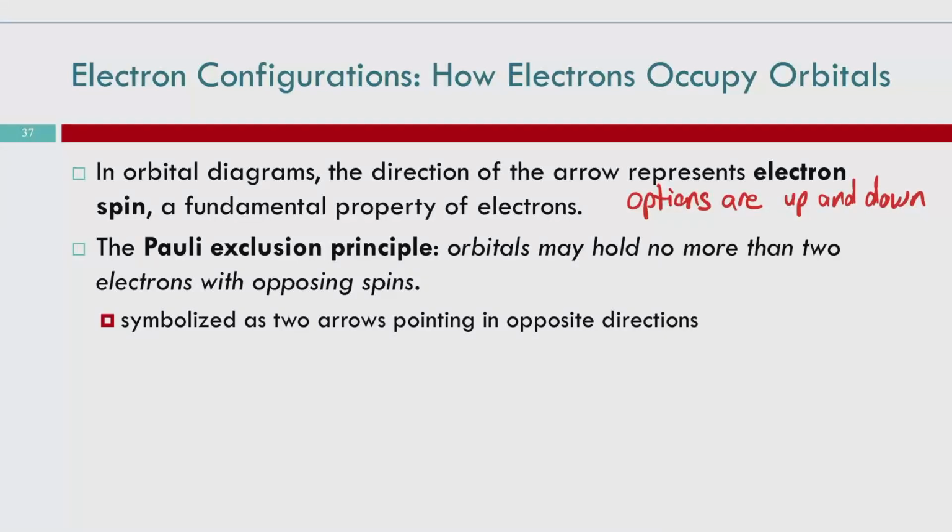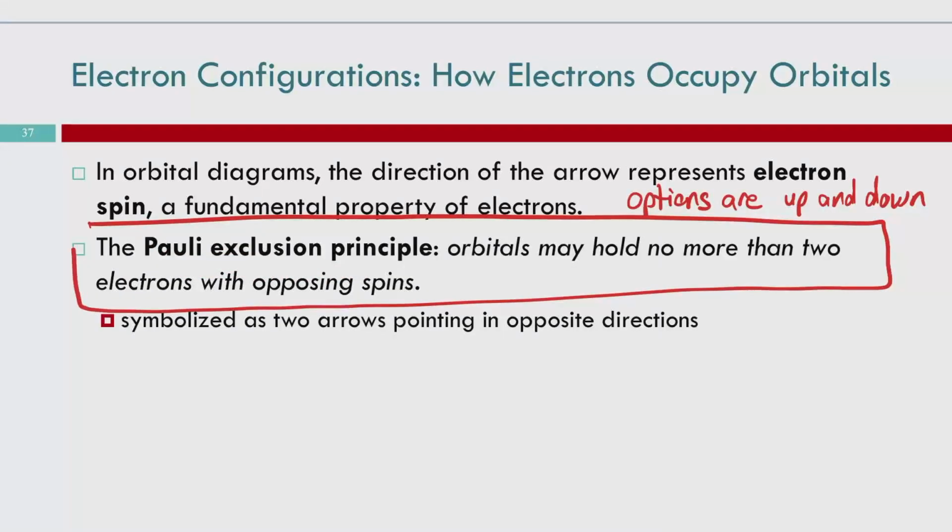And we were wondering, at least I was wondering for us, how many electrons can we fit into one orbital, into one shape? The answer is 2. We have the Pauli exclusion principle, our first of a couple of rules related to this.